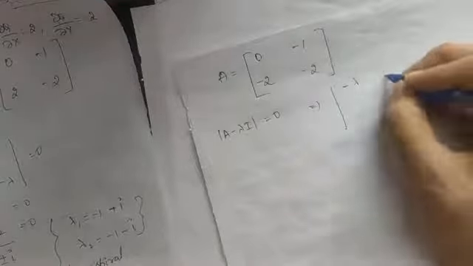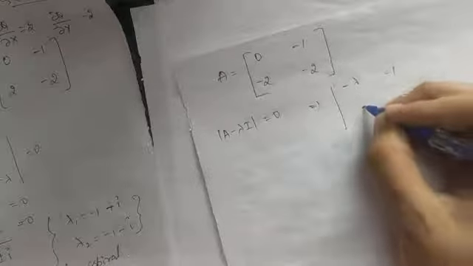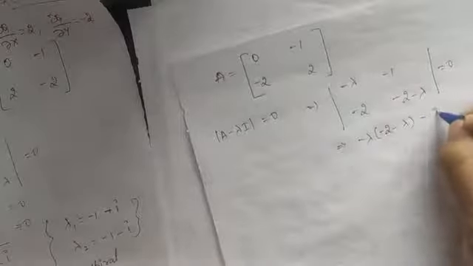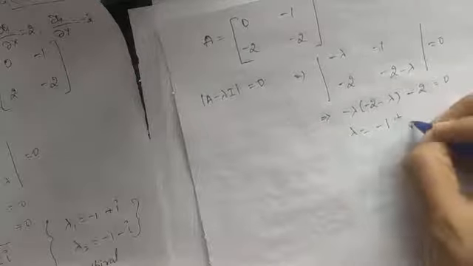So determinant of A minus lambda I is equal to 0. This implies determinant of minus lambda, minus 1, minus 2, minus 2 minus lambda is equal to 0. If you solve this, you will get minus lambda into minus 2 minus lambda minus 2 is equal to 0. So you will get lambda is equal to minus 1 plus or minus root 3. Solve this, you will get this value.